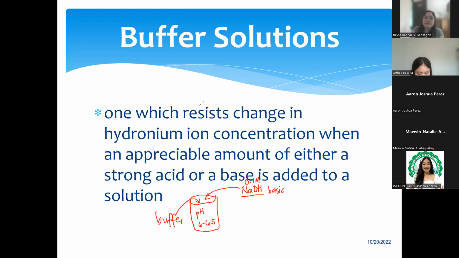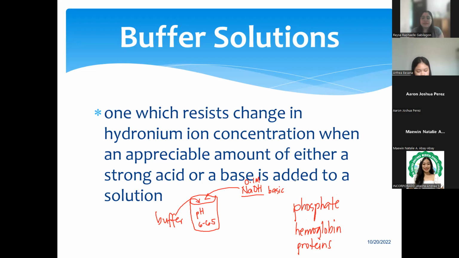So what are the examples of the buffers in our blood? Yung phosphate natin, the phosphate ions in our body, class, is an example of a buffer. Okay? Even our hemoglobin, yung hemoglobin natin sa red blood cells can act as buffer. Our proteins are also buffers.